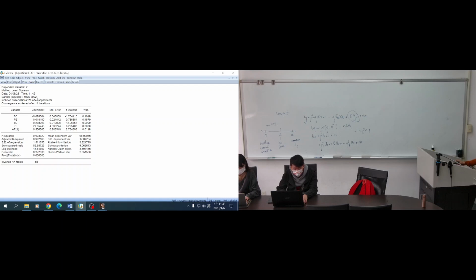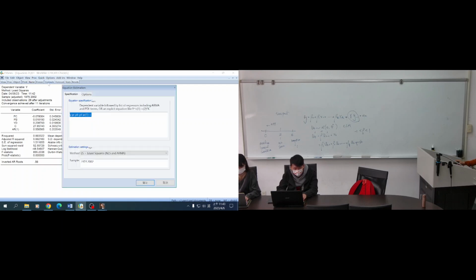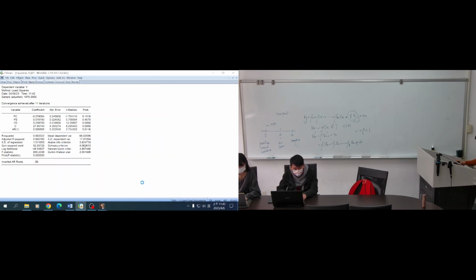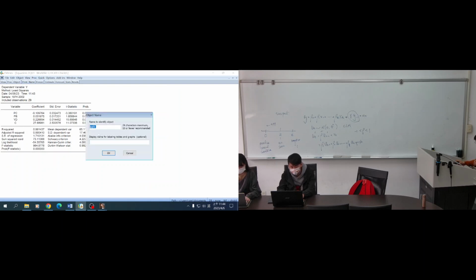So if I estimate using this, this is equation 2. I'll put this one as 2. So I would have equation 1 and equation 2, right?